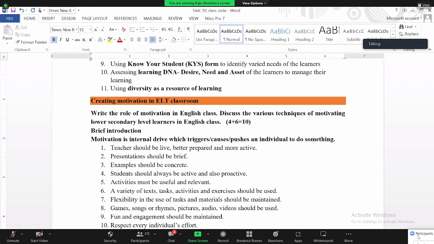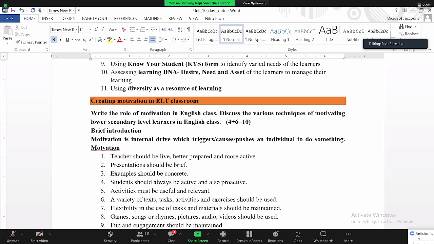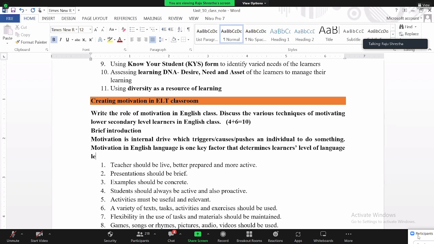Okay. And motivation in learning, motivation in English language learning is one key factor that determines learners' level of language learning, we can say that.